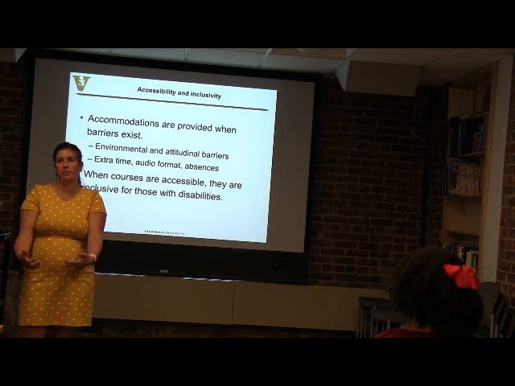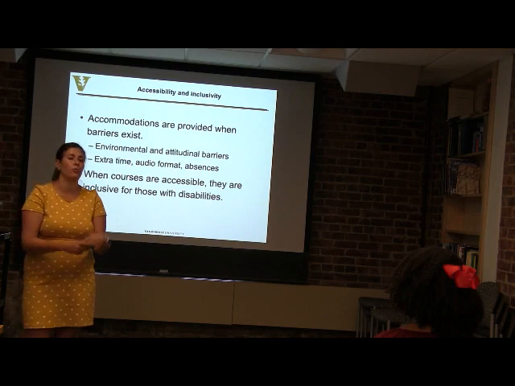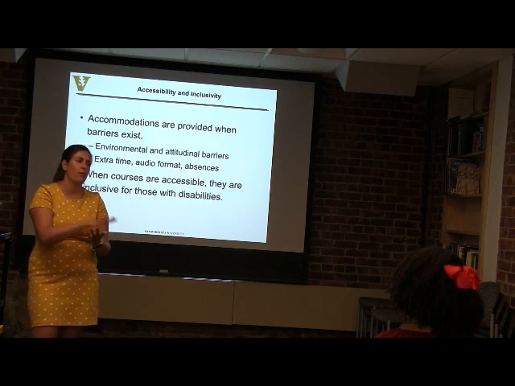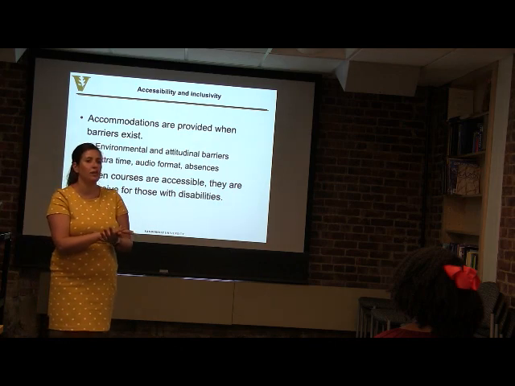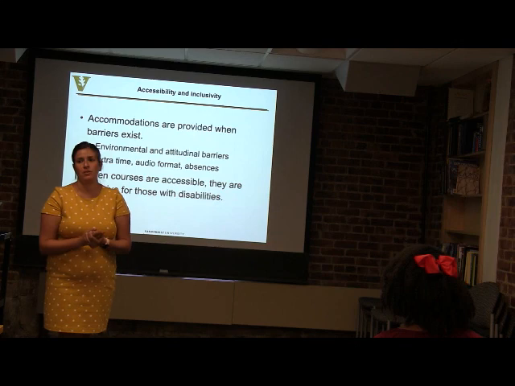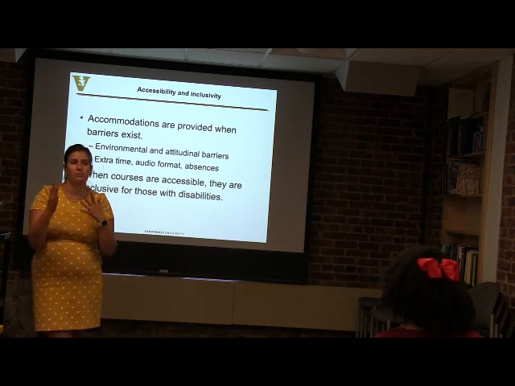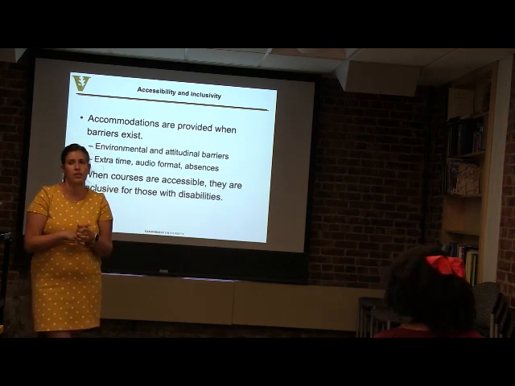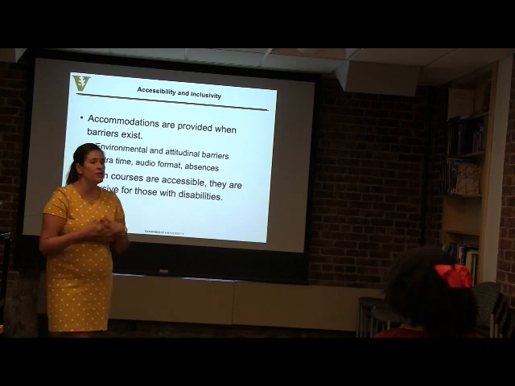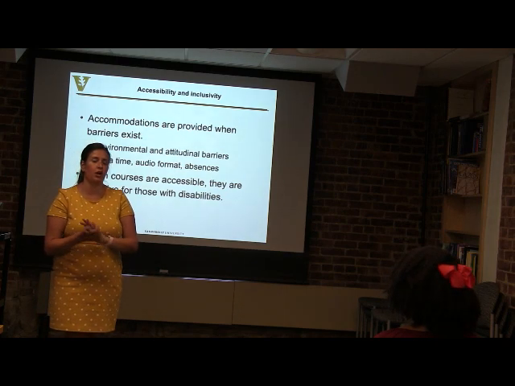The student may not be able to read that textbook easily, or at the rate of their peers. And so what we do is we can help transform that book into an accessible format or a digital format, if it isn't already available. What's great about textbooks is now a lot of them are becoming digital files and ebooks, which is helpful. But if there is a barrier present, that's what our accommodation office is there for.